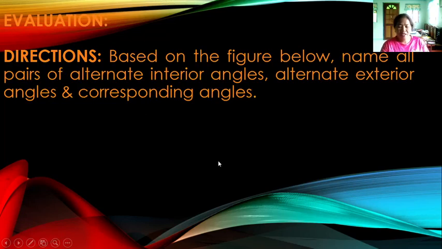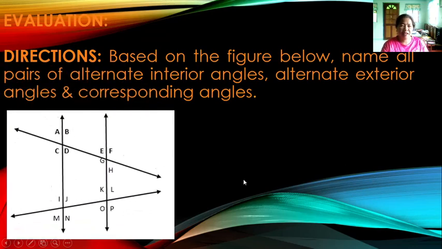Another activity, this one is for you to understand better. Based on the figure below, name all the pairs of alternate interior angles, alternate exterior angles, and corresponding angles. In the previous activity, you were already given pairs of angles, then you were to identify whether they are alternate interior, alternate exterior, or corresponding angles.